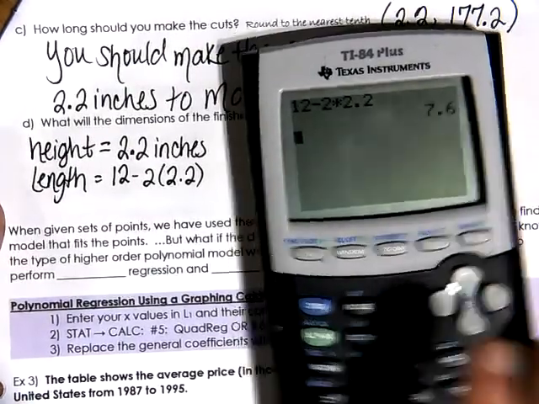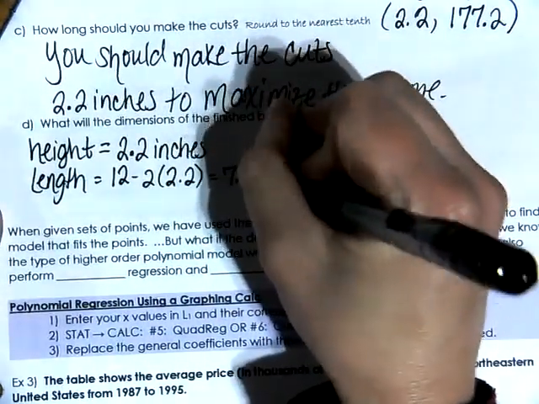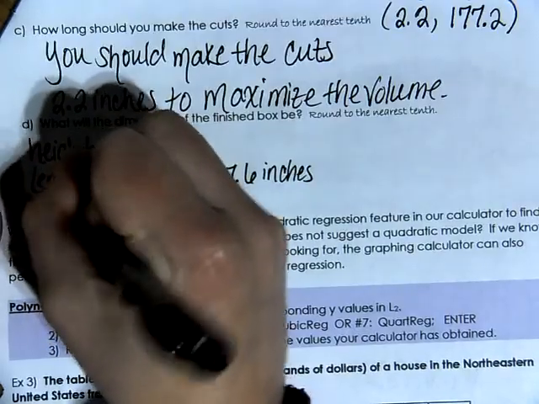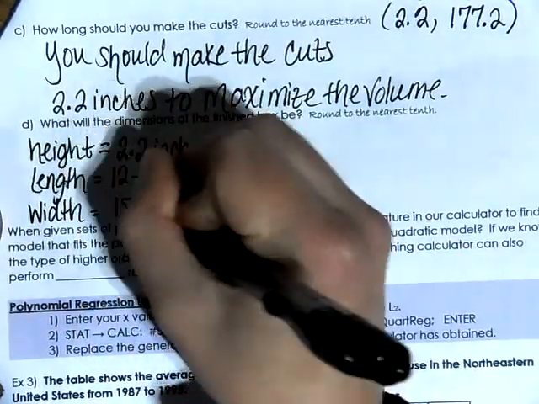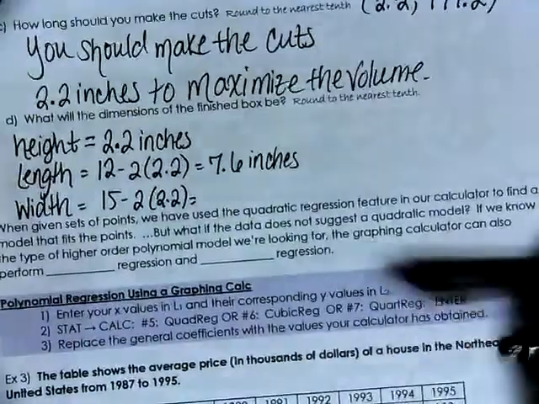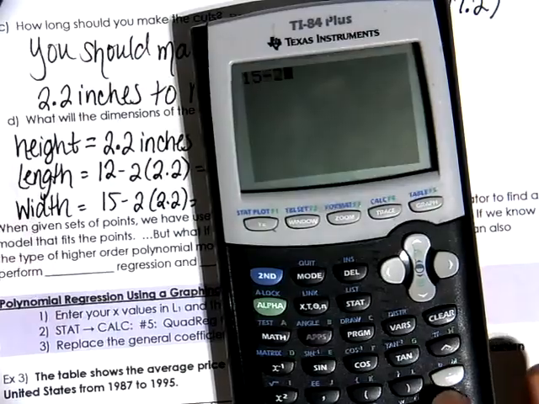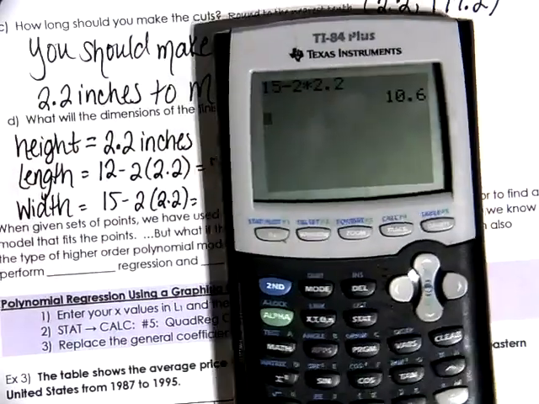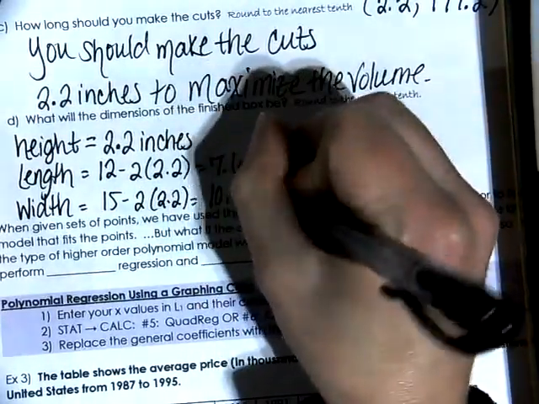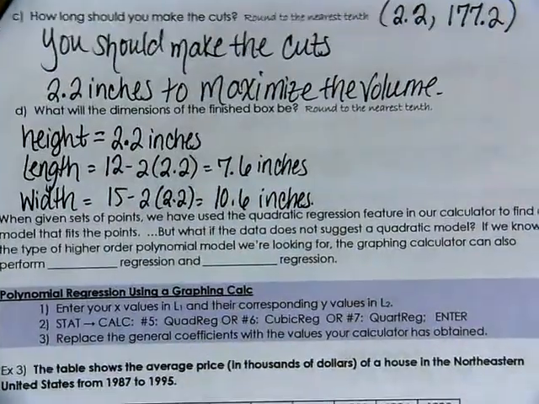And I end up with 7.6 inches. And my width is equal to 15 minus 2 times x. So I'm going to put 15 minus 2 times 2.2 in my calculator and end up with 10.6 inches. And those are our dimensions.